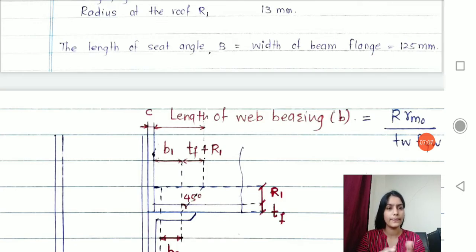We have to decide that first. In the previous session, you have observed we provided angle on the web of both of our beams.